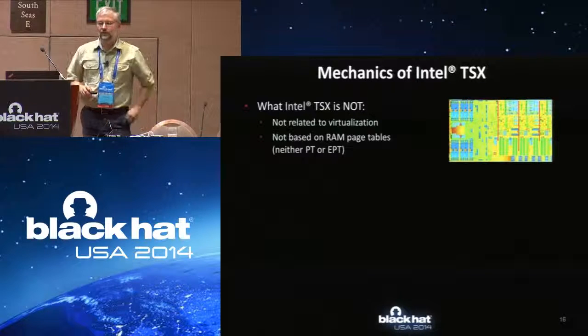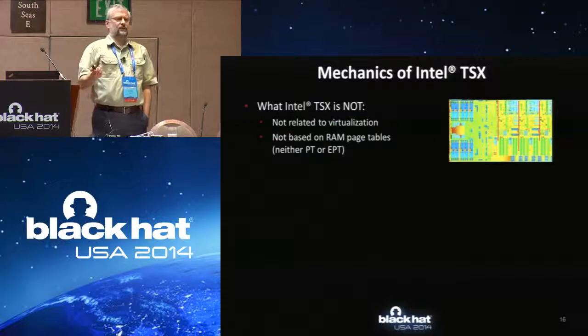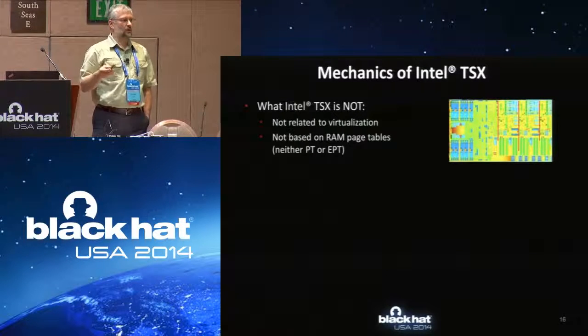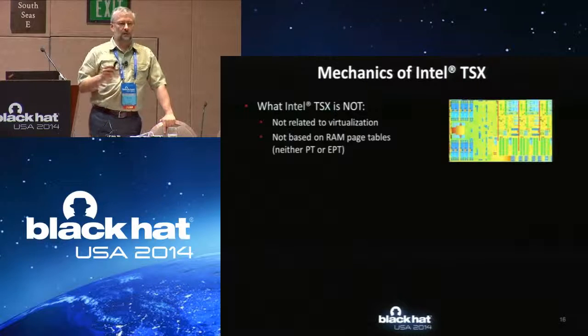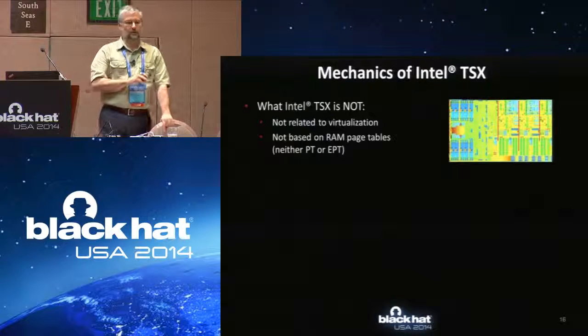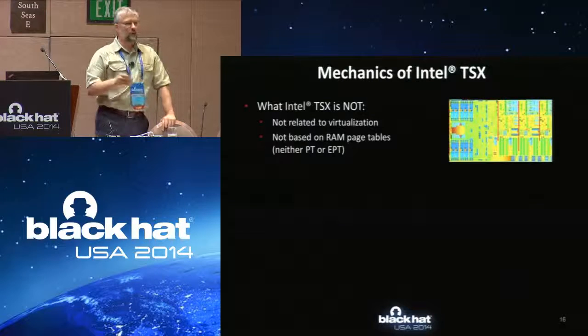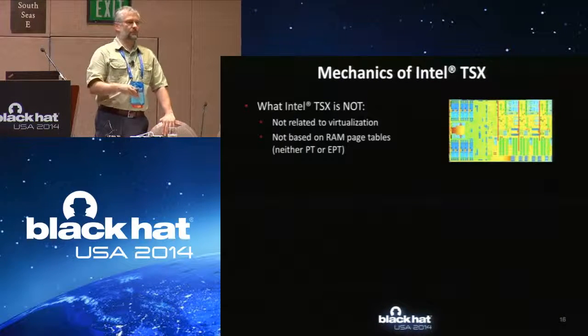The most common question about Intel TSX is, so what is that technology? Is it related to virtualization? Or maybe it's some variation of page protection technology. And I wanted to state up front that Intel TSX is not related to virtualization at all. It has nothing to do with page tables. It's a completely new functionality in the CPU.